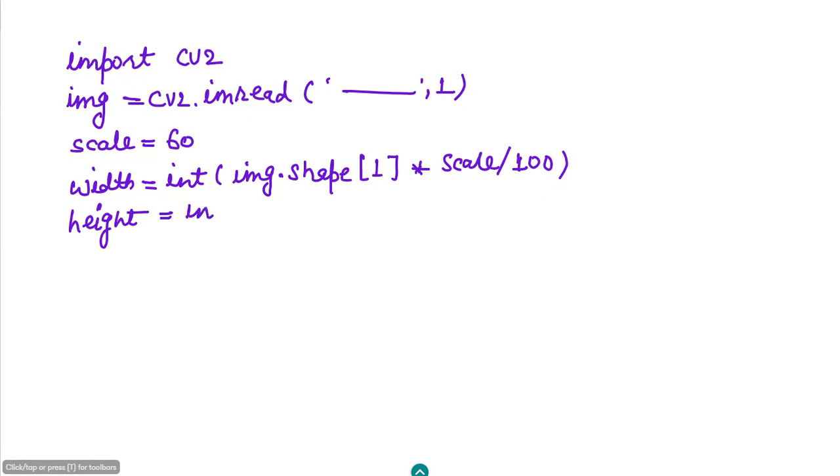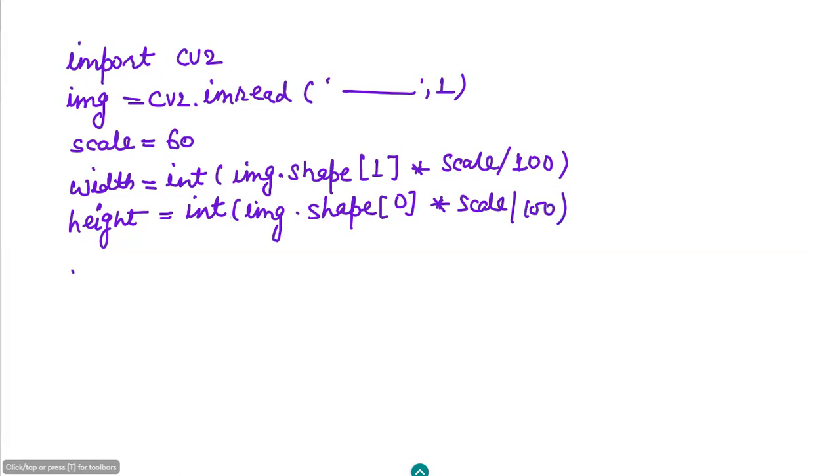Now just int(img.shape[0] multiplied by scale divided by 100).